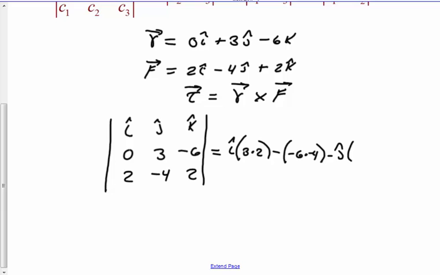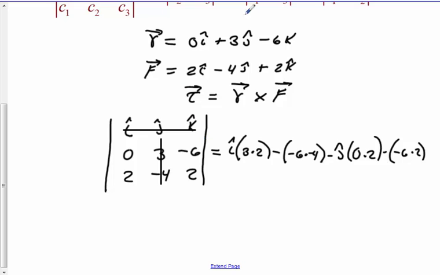When I'm doing my j hat, another good way to think about this is I basically cancel this row out here and cancel this column out here. So now to do j hat, I do 0 times 2, this times this, minus negative 6 times 2.